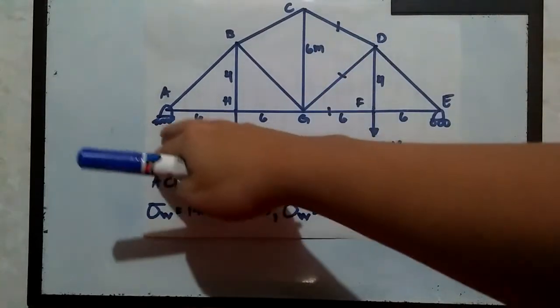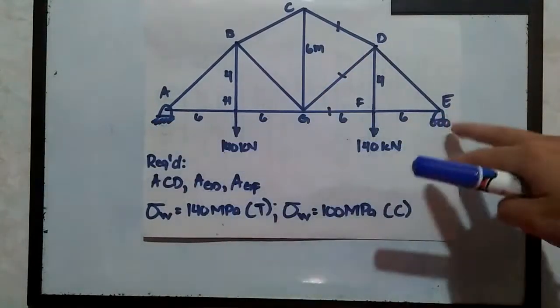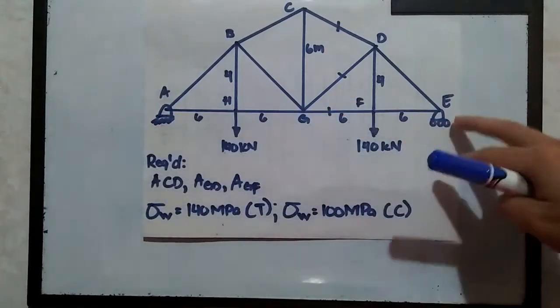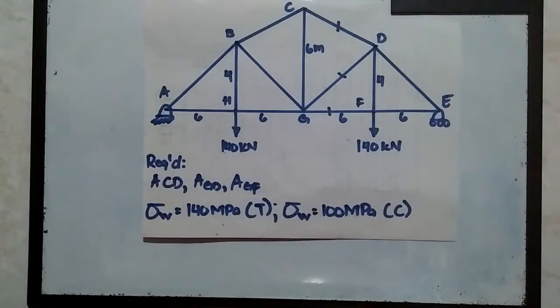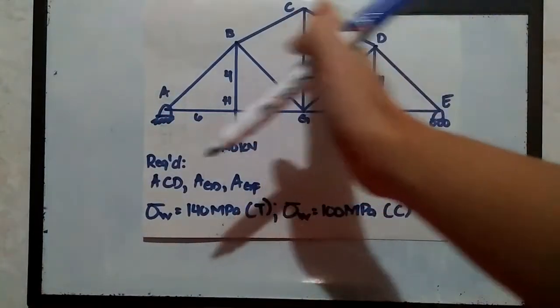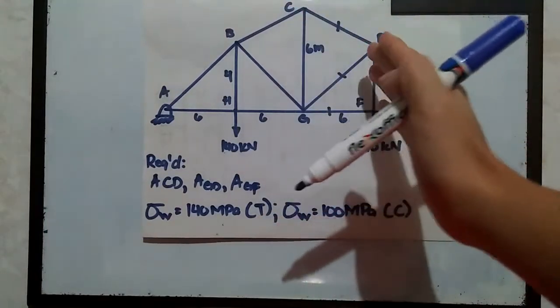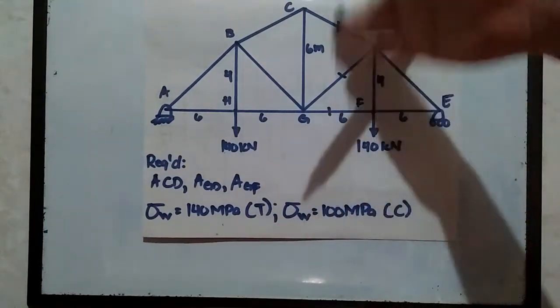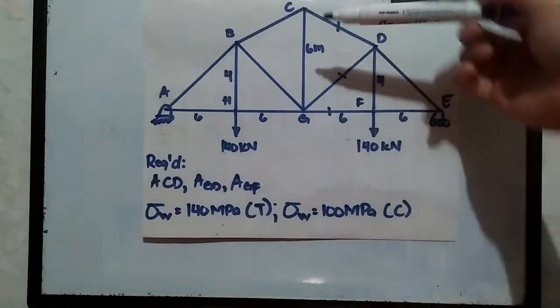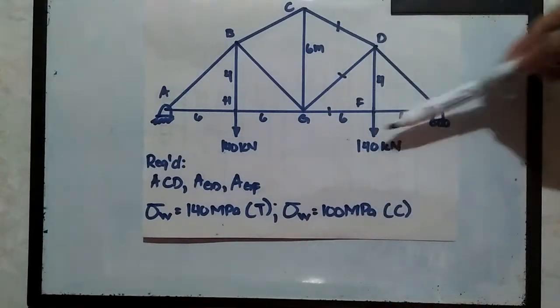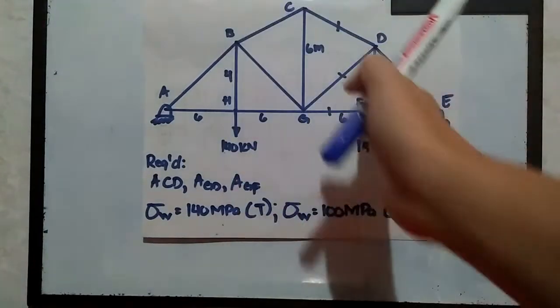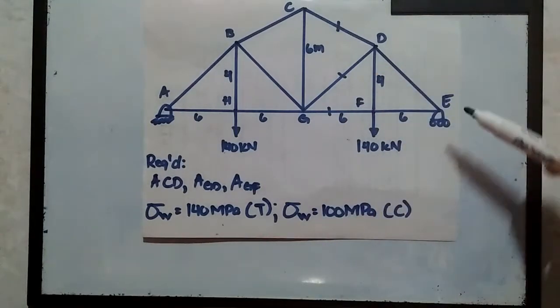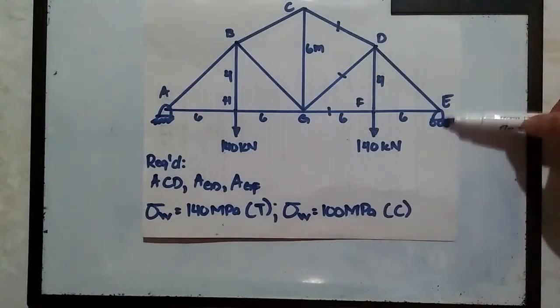That's why it's really important that we find first the reactions of each support. But since I'm going to focus only on the right side, because most of the required members are at this right portion of the truss, I'm only going to solve for the reaction here at E.